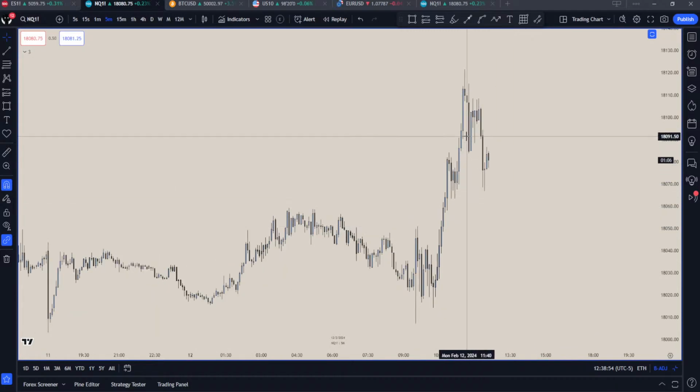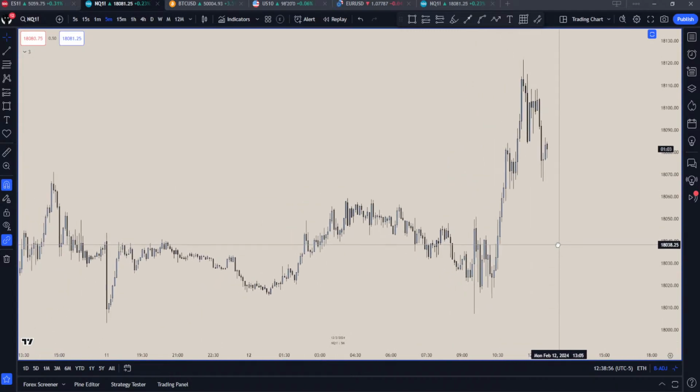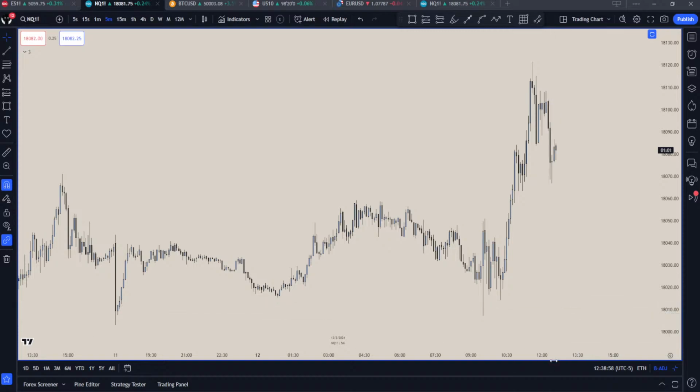And I want to see quick displacement, because if the unicorn model is going to be one of the strongest institutional order flow entry drills, then we expect price to instantly expand from that point. That makes sense. So you have to understand all these different statistics of your model, and know it like the back of your hand, so that you build that discretionary feel for your model.